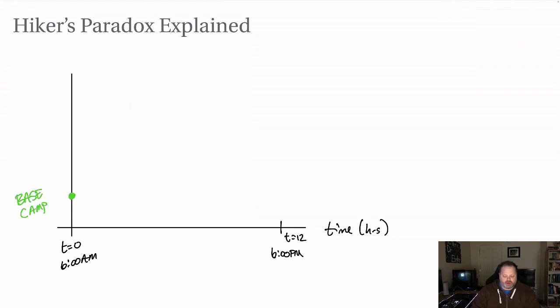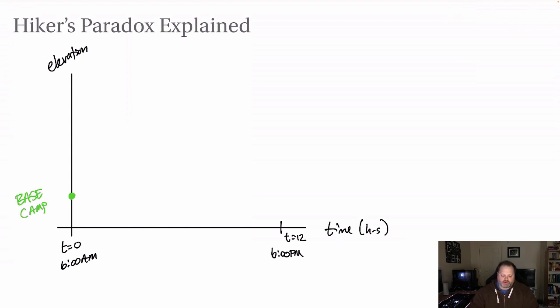The vertical axis here, by the way, is elevation. So this is our elevation along the trail. You imagine the base camp has some sort of static elevation here. That's what we start our day off at.